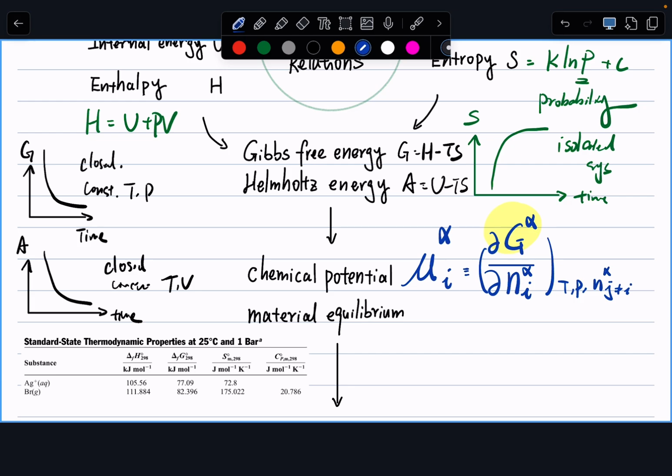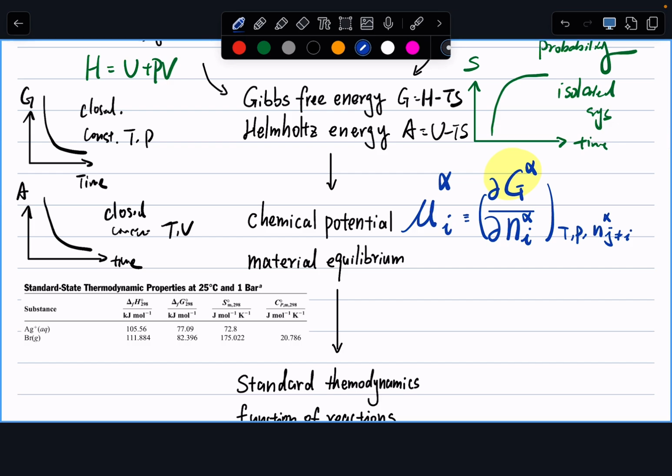Heat flows from an object with higher temperature to an object with lower temperature. Likewise, chemical potential tells you the movement of your chemical species. Like in phase equilibrium, when you have a phase with higher chemical potential, the species always flows into the phase with lower chemical potential.